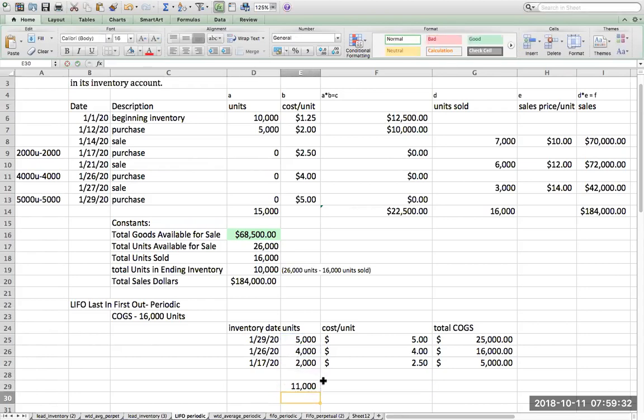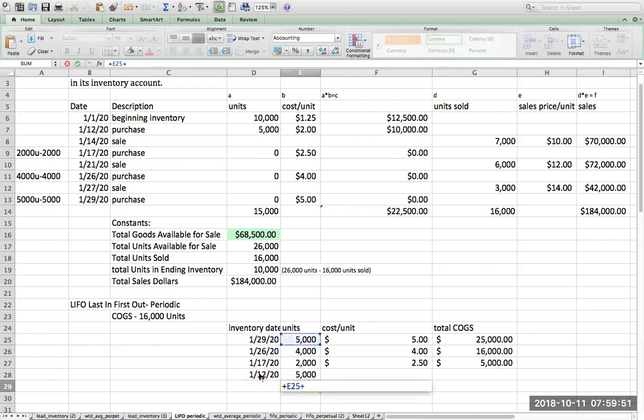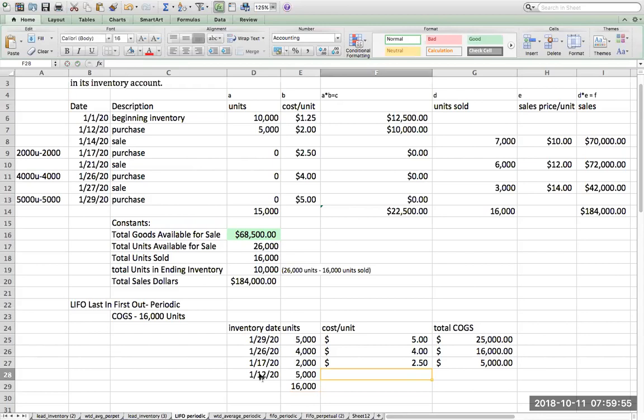So we need more inventory. To get there, by coincidence or by my writing this particular problem in this way, we're going to take these 5,000 units here from 1/12/20, and this will give us a total of 16,000 units to cost of goods sold.